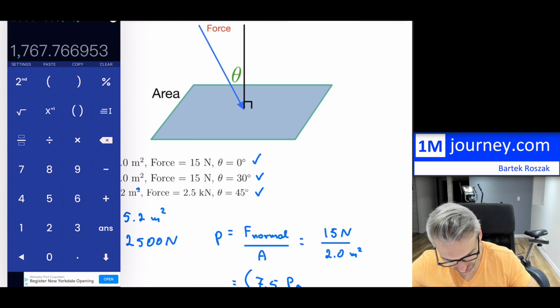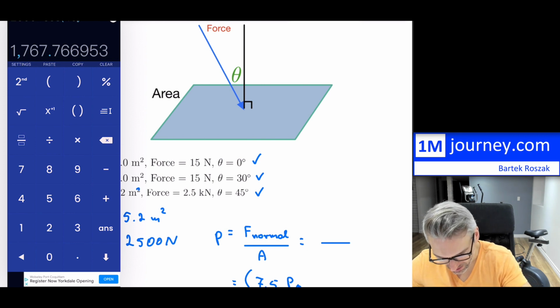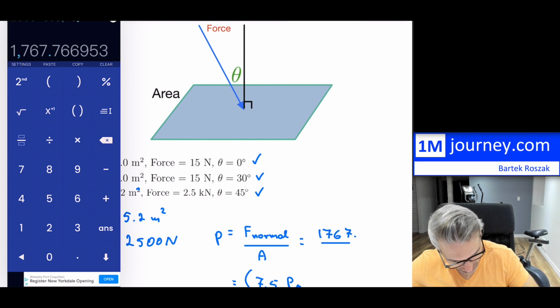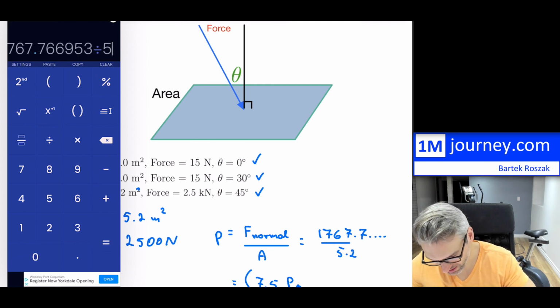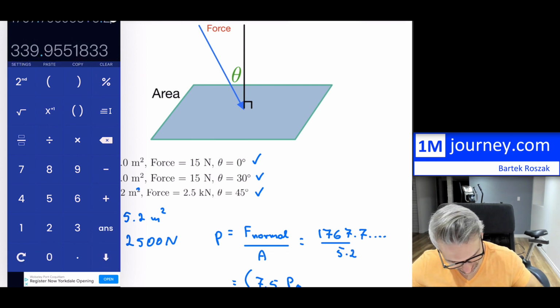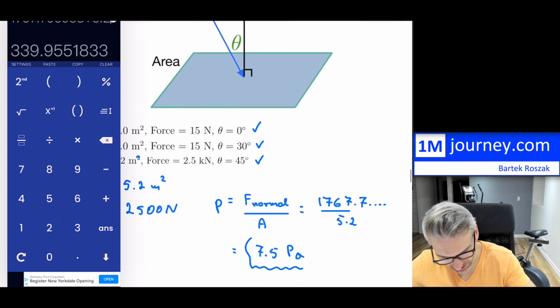So within here, let me remove all of this. Then the pressure is 1767 point, etc., and then this one is just 5.2. So this is super easy to plug in. And now the pressure is definitely much higher.